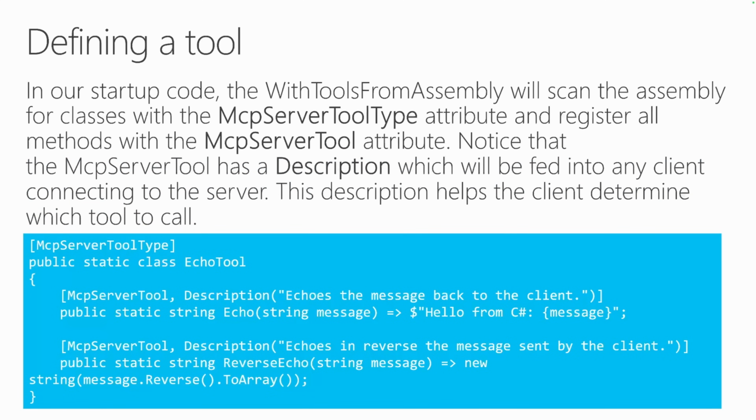To create and define a tool, we're going to use the McpServerToolType attribute, and this method WithToolsFromAssembly will scan the assembly for classes with this attribute and register all the methods that use the McpServerTool attribute. So notice also that with the attribute McpServerTool, we need to define also a description.